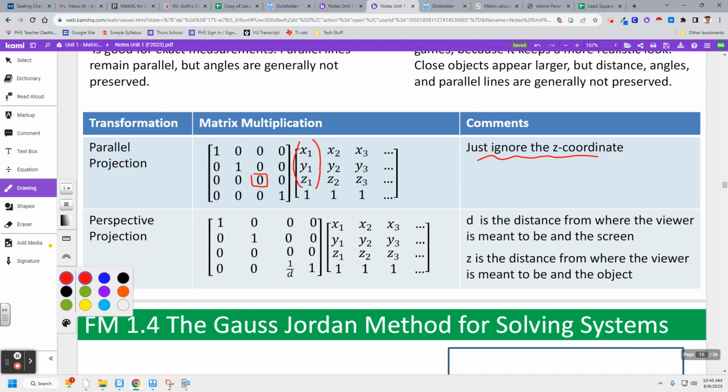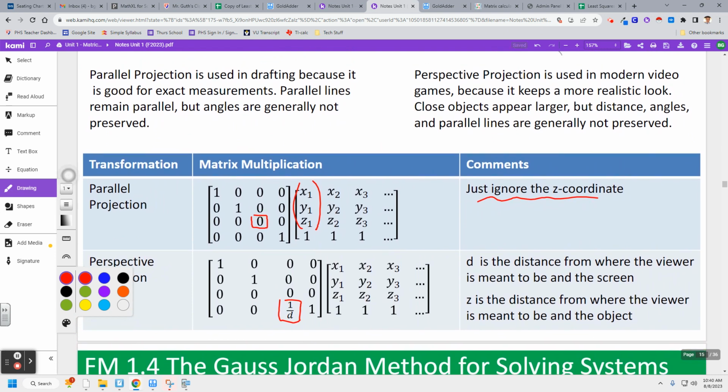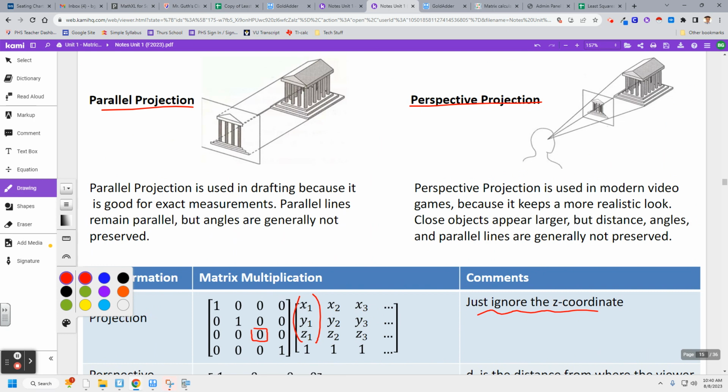Perspective projection, like the video games, that's a little bit more complicated. But I guess the key here is this 1 over d, and it says d is the distance from where the viewer is meant to be to the screen. So like this distance right here, from where the viewer is supposed to be and the screen, that's d. That's that distance.